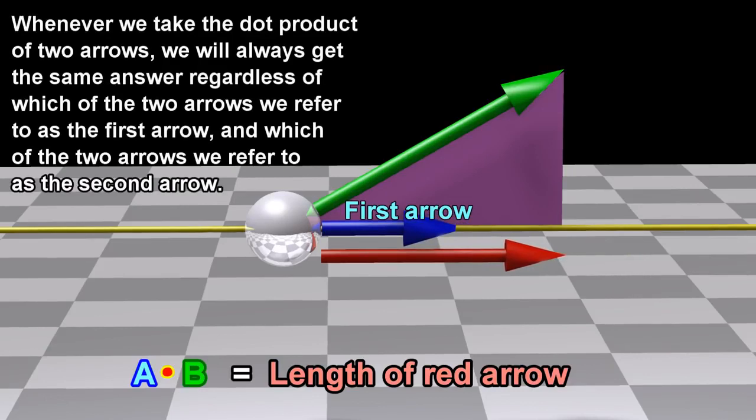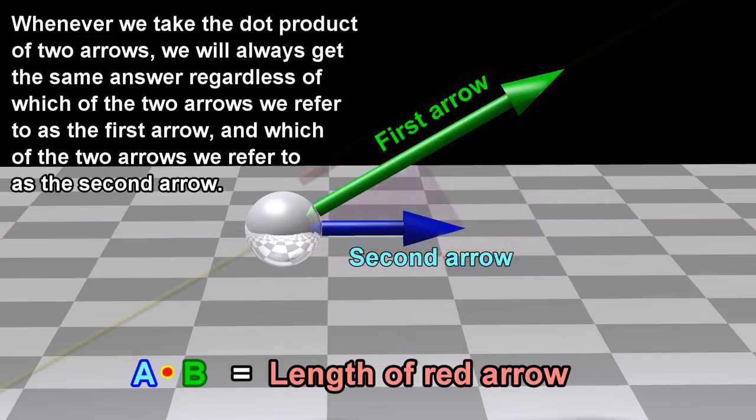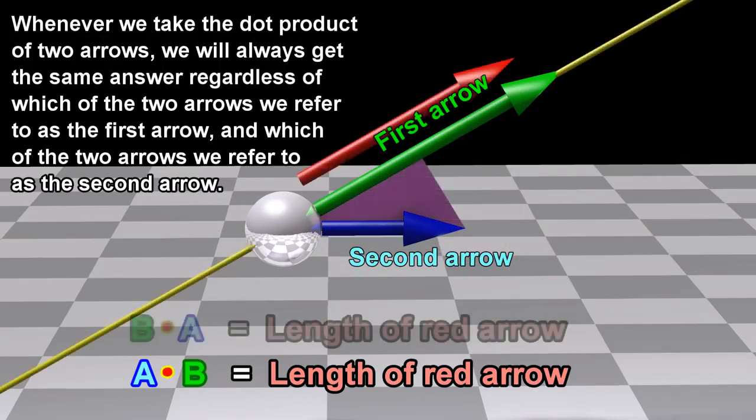Whenever we take the dot product of two arrows, we will always get the same answer regardless of which of the two arrows we refer to as the first arrow, and which of the two arrows we refer to as the second arrow.